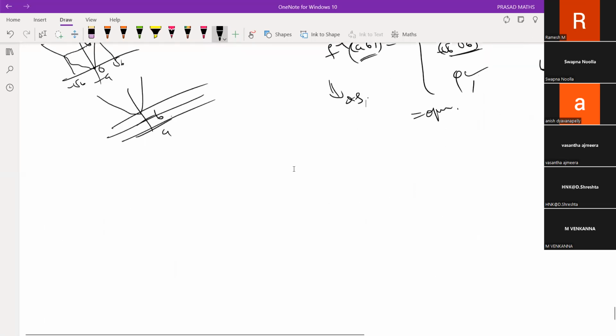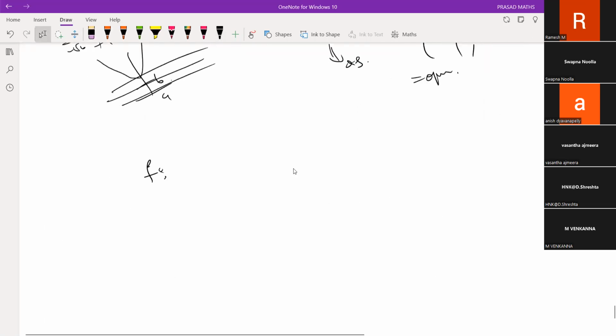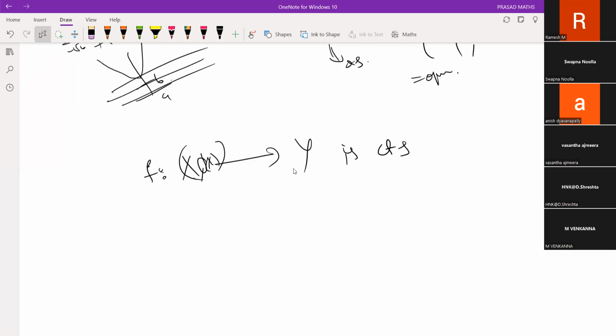Right? Suppose you take any function with respect to the discrete topology. Any function from a discrete topological space to another topological space is always continuous. Why? Because take any open set in the codomain and look at its inverse image.